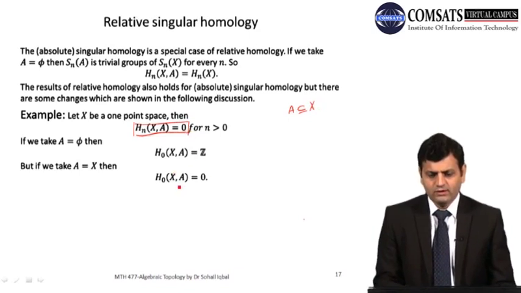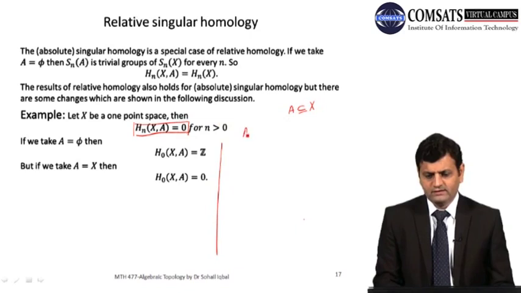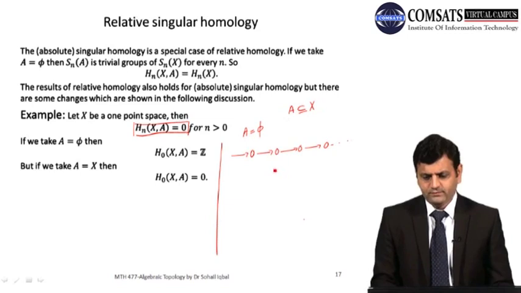So let's see how. Let's sketch two diagrams, one corresponding to the case when A is empty and the other corresponding to the case when A is a point. So let's sketch the diagram when A is empty. If A is empty, then the complex corresponding to A will be 0 all the way, and then we have S_n(X), up to S_{n-1}(X), and so on.